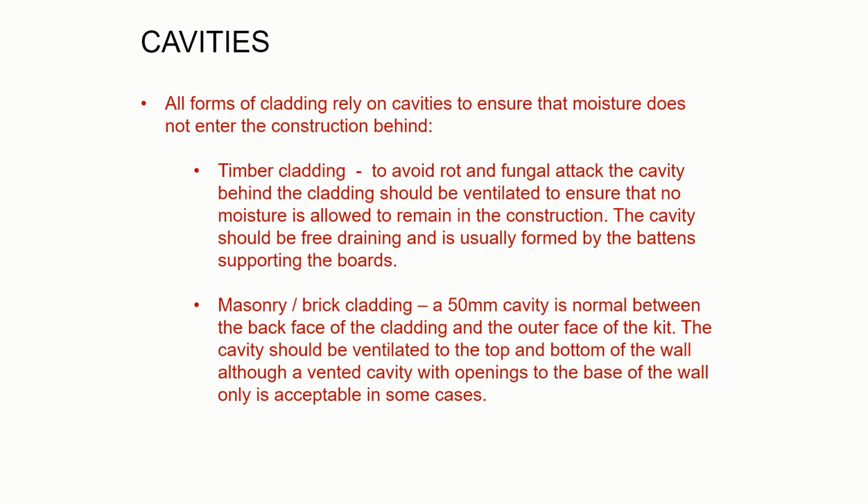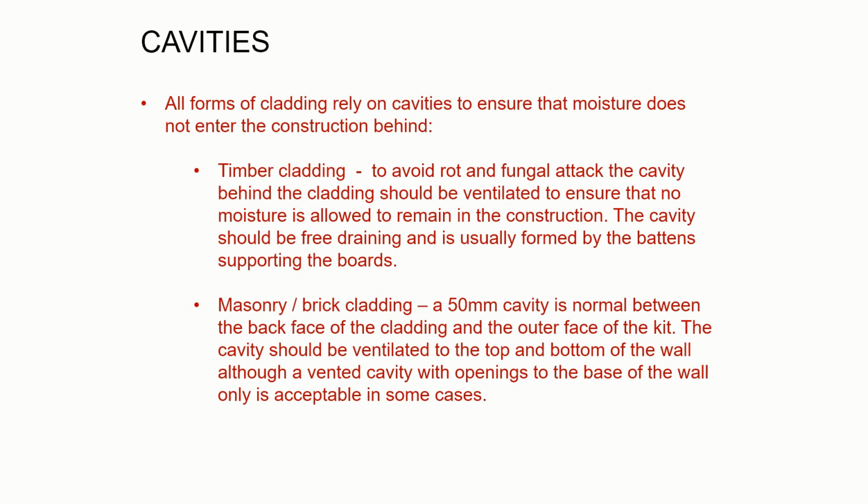So we mentioned that we've got a ventilation gap at the back of timber cladding, and we need that to stop moisture getting into the construction, but we need it to ventilate the construction. So in timber cladding, we need to avoid rot or insect attack or fungal attack.